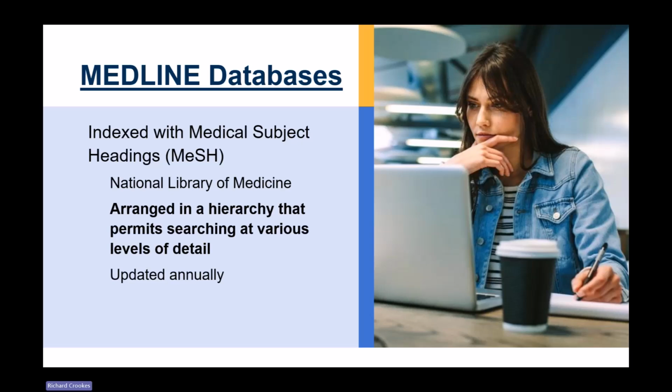This is updated annually. You'll see on the interface we currently have Medline MeSH 2025 indicated. In due course, in the early new year, that will be changed to MeSH 2026. So it is updated annually.